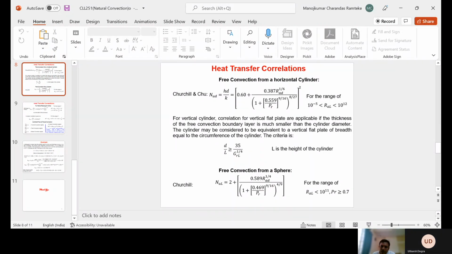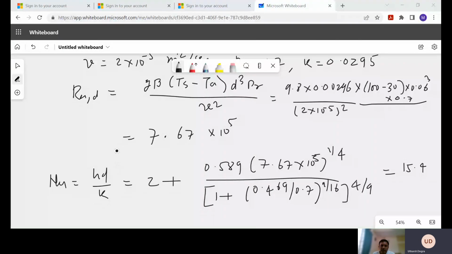So with this equation, we can calculate the Nusselt number, and from Nusselt number we can calculate the heat transfer coefficient.